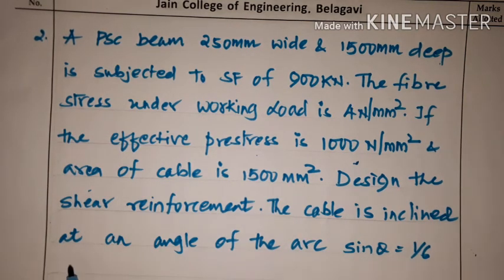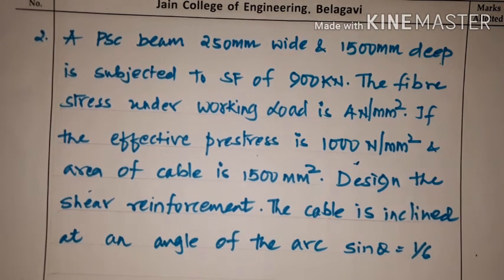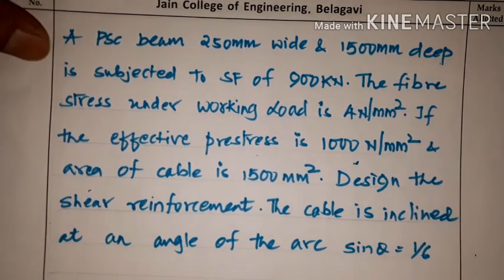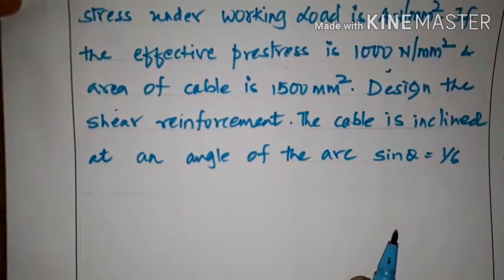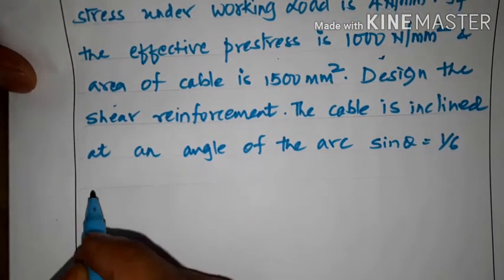The cable is inclined here with an angle of inclination, that is arc sin theta is equal to 1/6. Okay. So quickly we will note down the given data first, so that will be easier for the solution. Okay. So given data.